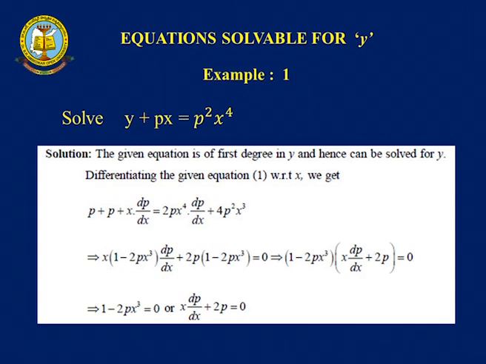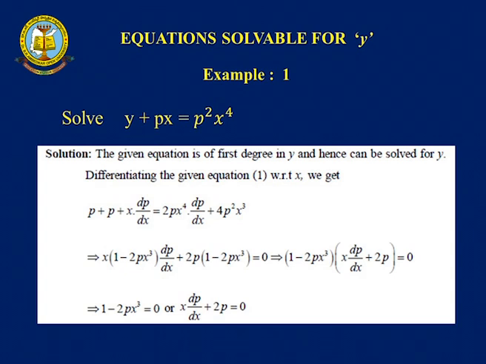Now we send all the terms to the left side, and taking x dp by dx common, we get 1 minus 2p x cube, and from the next two terms taking 2p common, we again get 1 minus 2p x cube, equal to 0. In both cases 1 minus 2p x cube is common, so we get 1 minus 2p x cube times x into dp by dx plus 2p equal to 0.